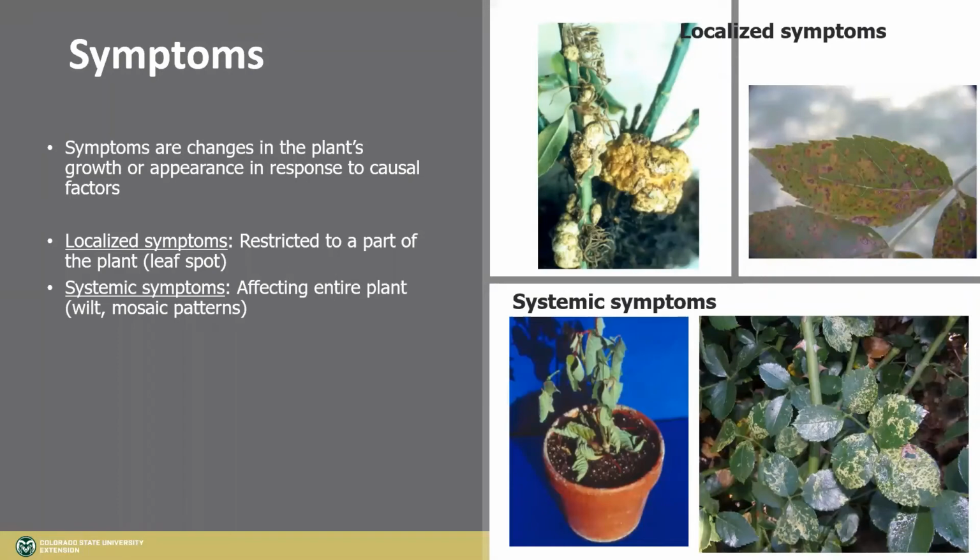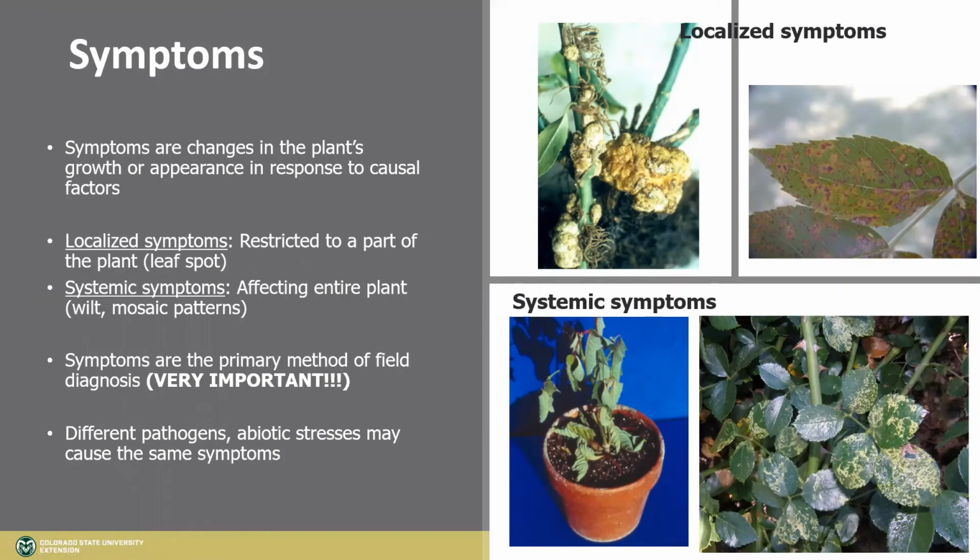These symptoms can either be localized, for example these spots here on the leaf or these galls that are usually on the base or on the crown root. These are just in that part of the plant and don't move farther. But you could also have systemic symptoms that affect the entire plant, for example mosaic patterns, like I'm showing you here in this picture, that are everywhere around the plant.